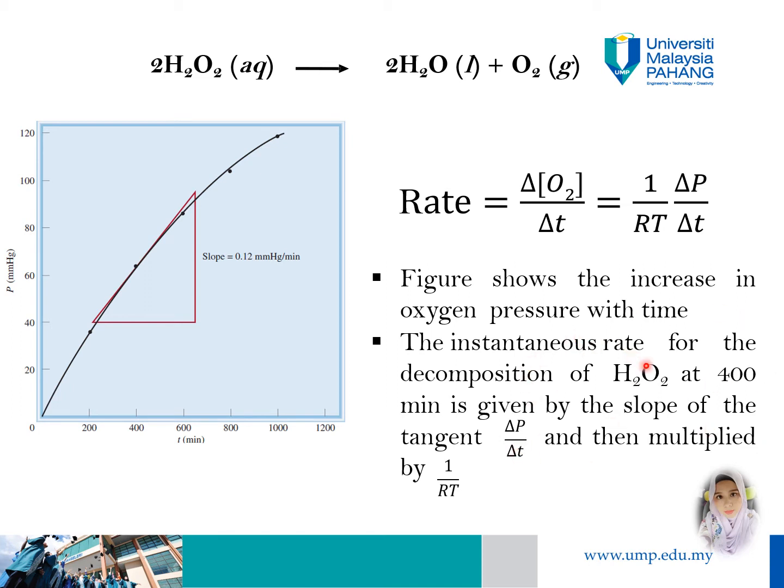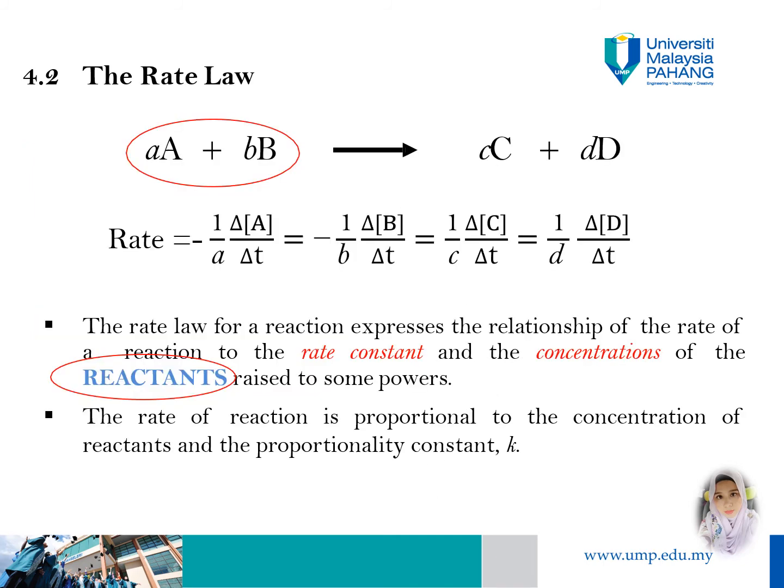Then the instantaneous rate for the decomposition of hydrogen peroxide at 400 degrees Celsius is given by the tangent or slope of the graph, which is change in P over change in T, multiplied by 1 over RT. So the rate law can be expressed.